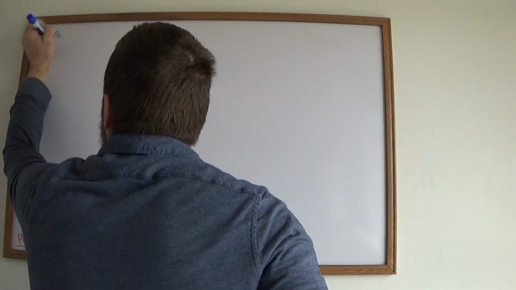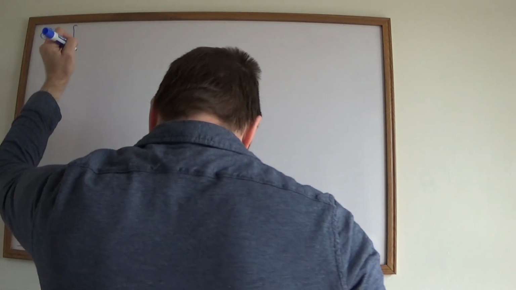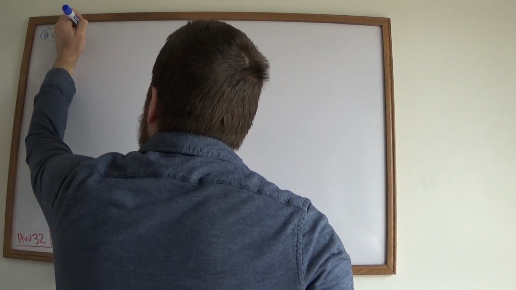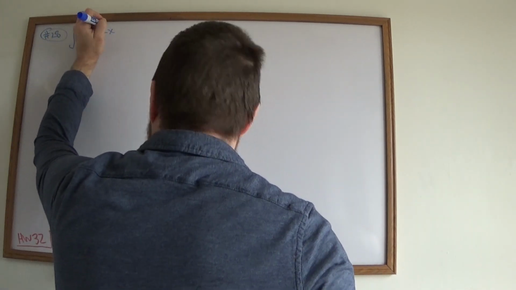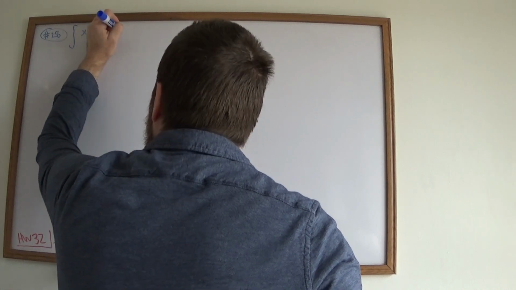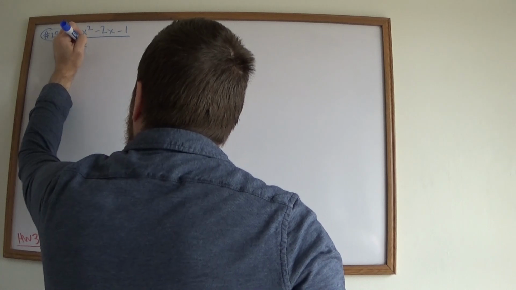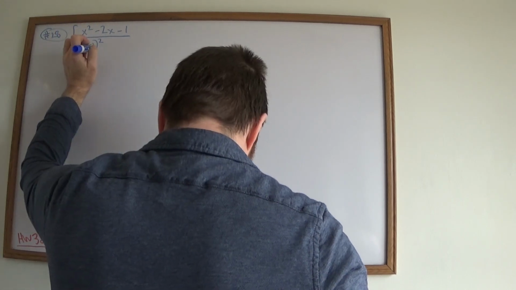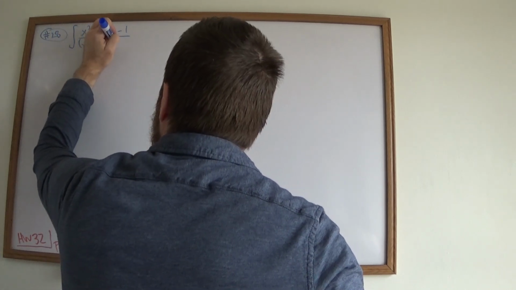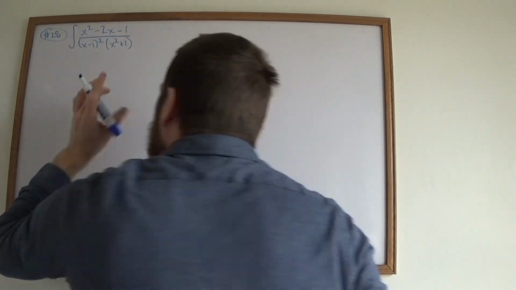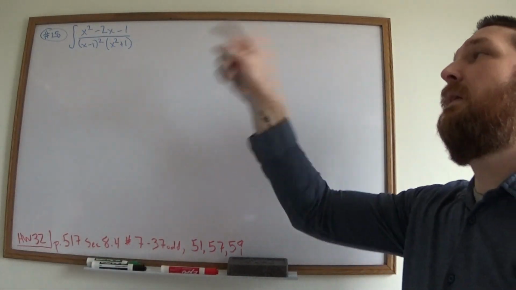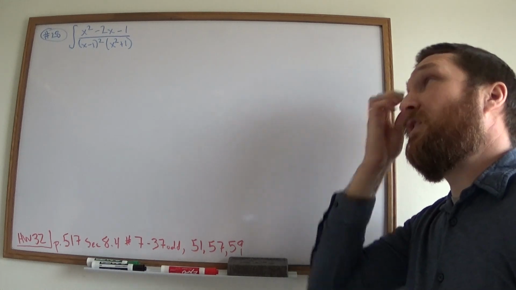Number 28. We have an integral of x squared minus 2x minus 1 all over x minus 1 squared times x squared plus 1. So we have one irreducible quadratic.